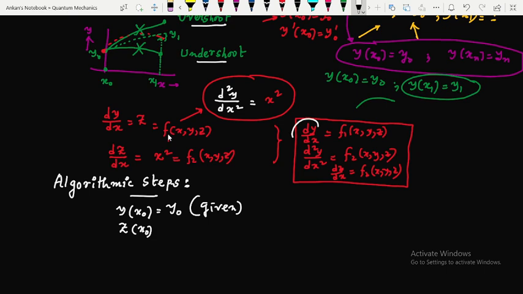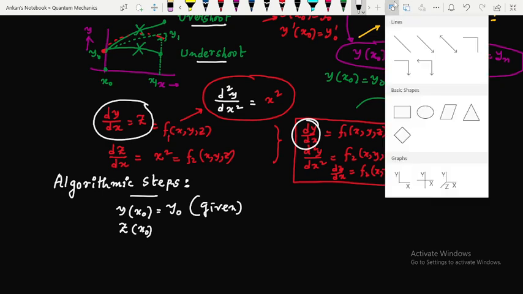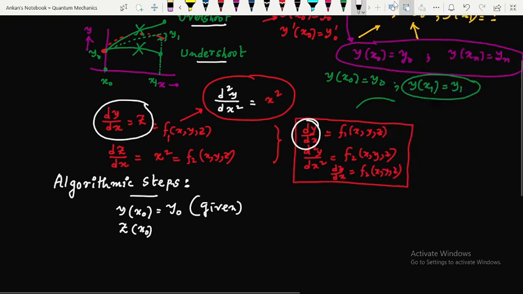Z means dy/dx. Okay, so guess the slope as z1. This is the first guess.